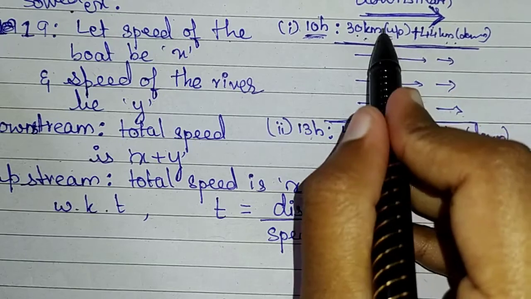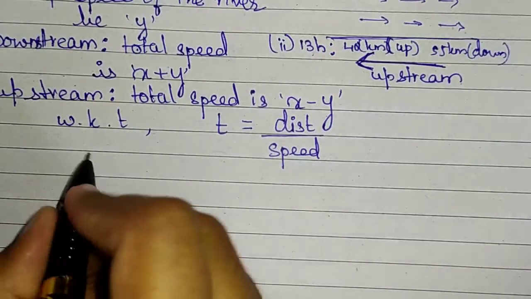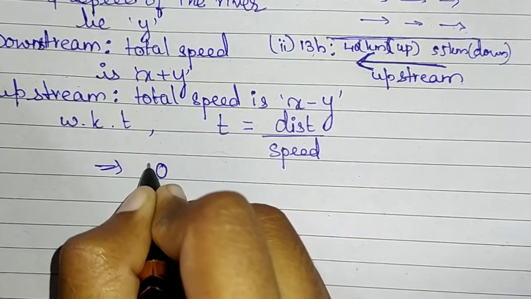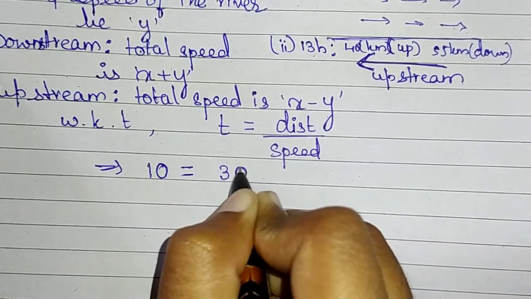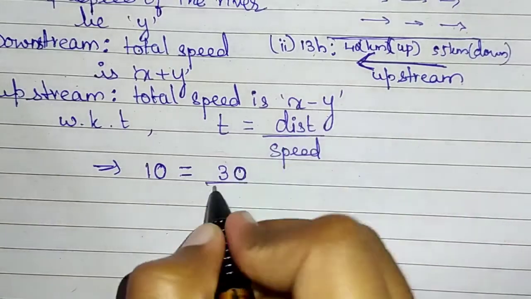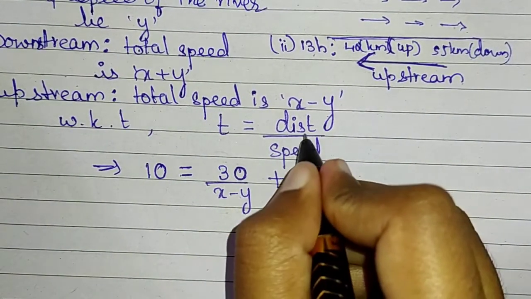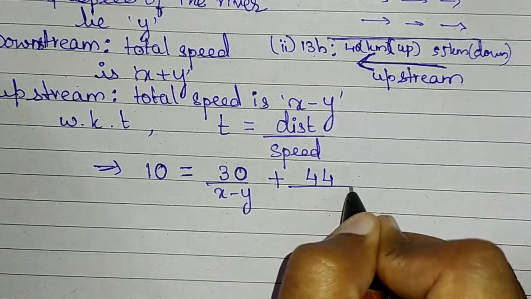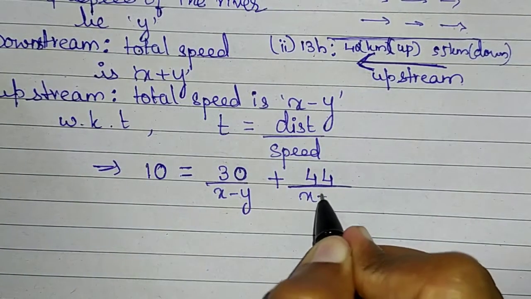We have two distances but a single amount of time. So we can write 10 hours equals 30 kilometers upstream at speed x minus y, plus 44 kilometers downstream at speed x plus y.